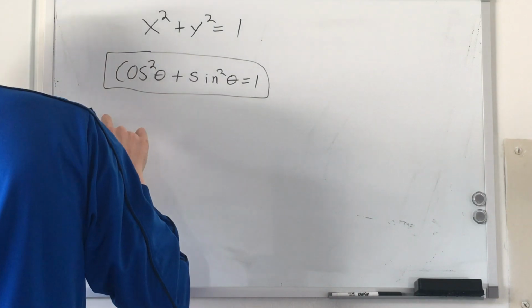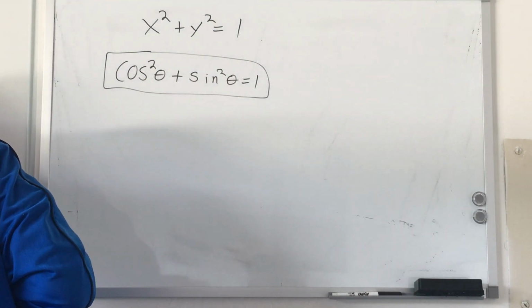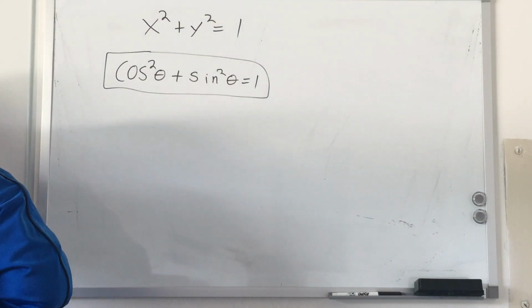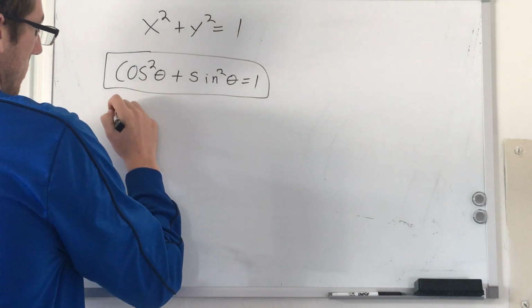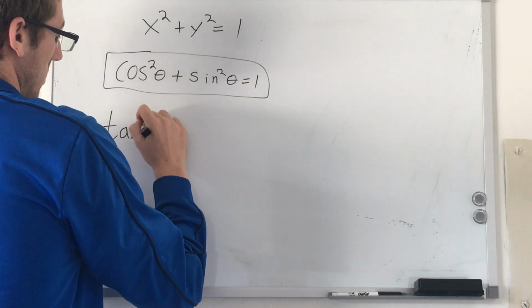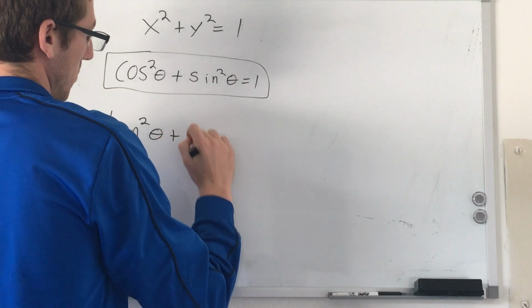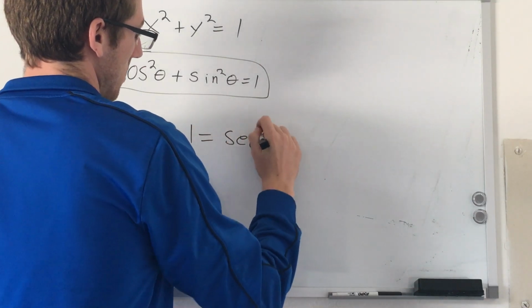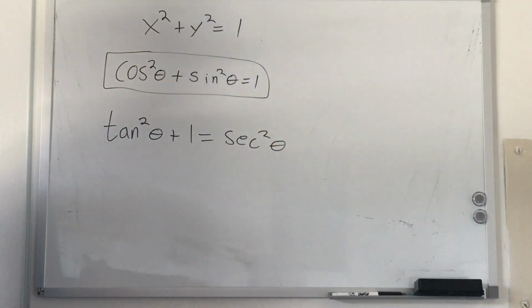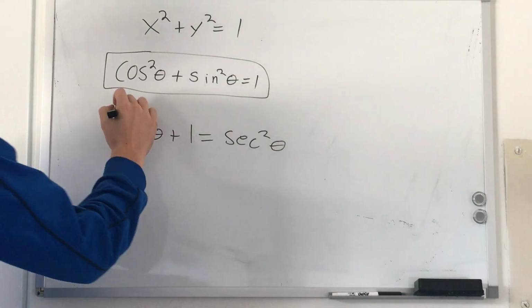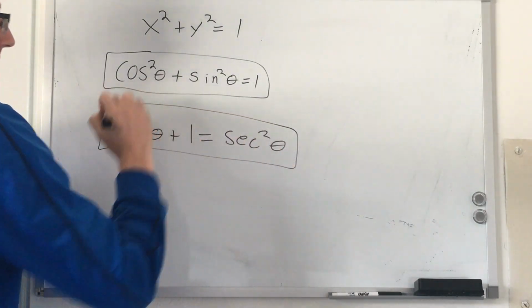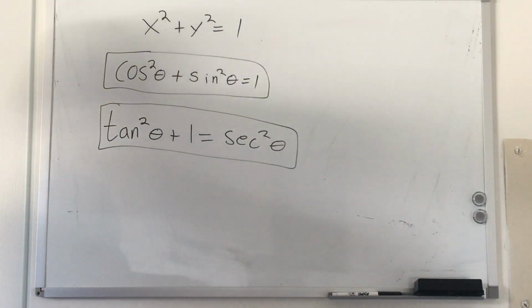So the other identities you can get from this are these. Tangent squared theta plus 1 is equal to secant squared theta. Okay? So that's another one you could get.